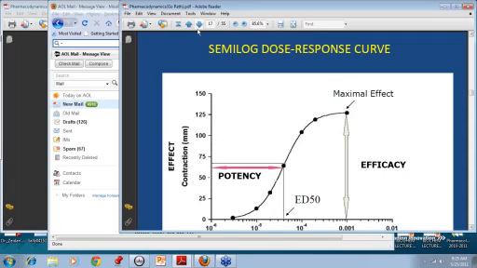With that said, let's address some terms that refer to drug efficacy and drug potency. Those are the two terms that students always confuse, and the reason for the confusion is a lack of understanding of what's going on.